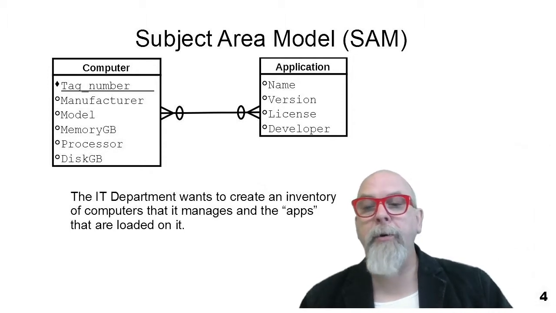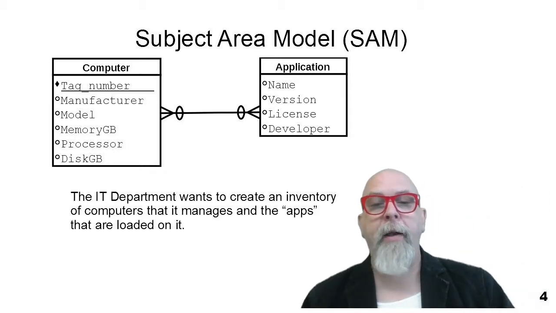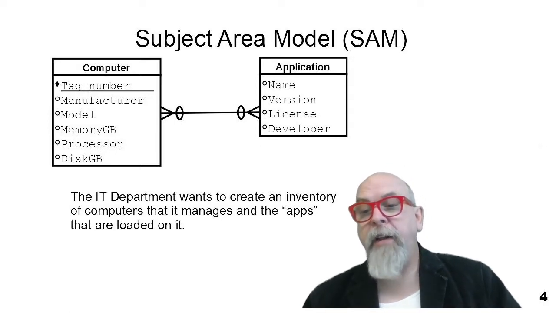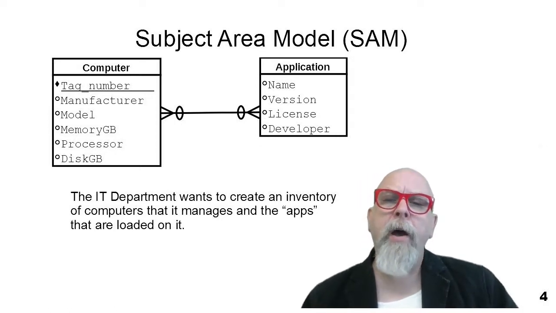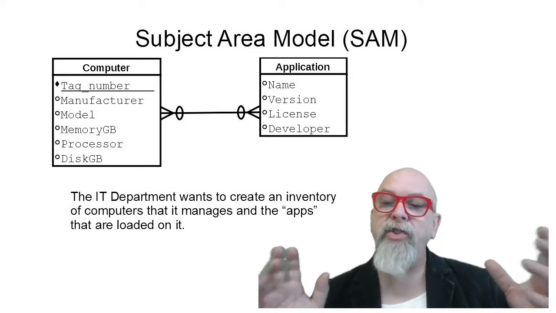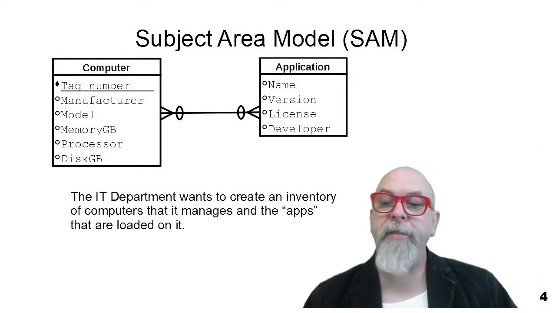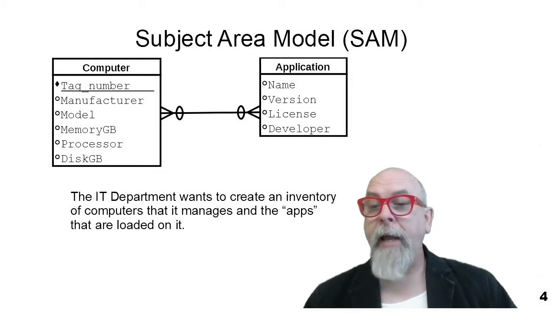We know that computers have manufacturer, model, gigabytes of memory, gigabytes of hard disk, maybe a processor, but those are the kind of big things that we want to model about a computer. There may be more details that we want to model, like what kind of sound card, how much video memory, and all those kinds of things, but we're not worried about that yet because we're just trying to understand the subject of the problem. The other part of the subject are the applications.